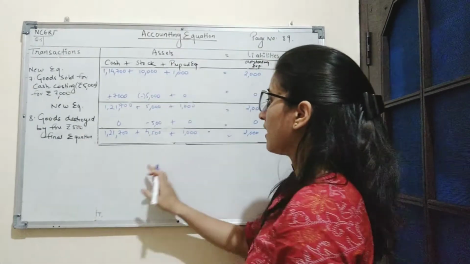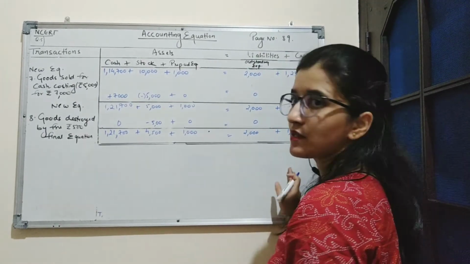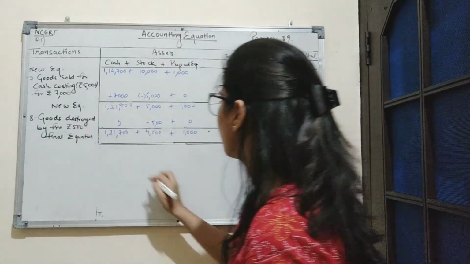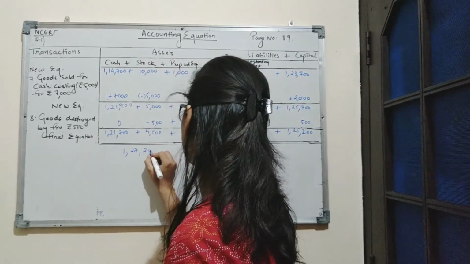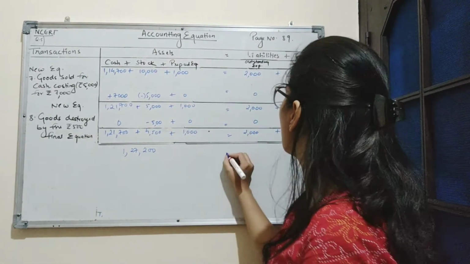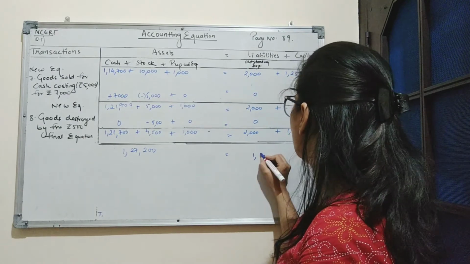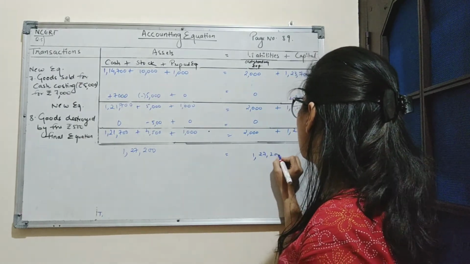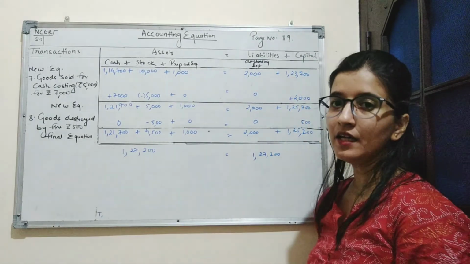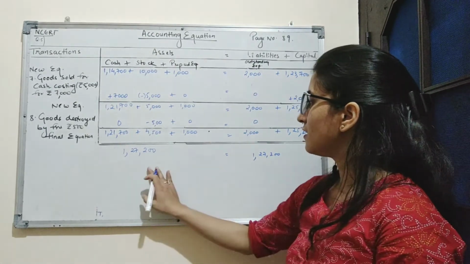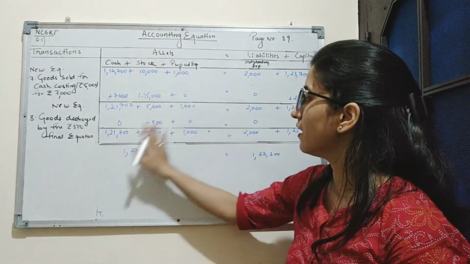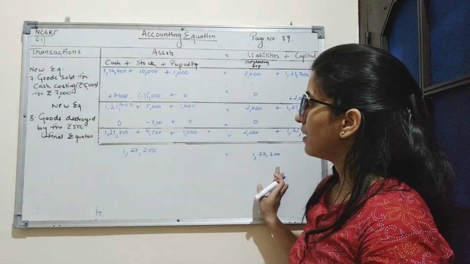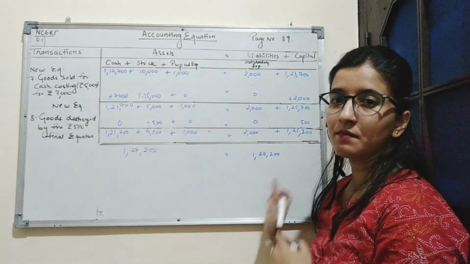So by adding the asset side and liabilities plus capital side, we get 1,27,200 of asset and 1,27,200 of liabilities and capital. So here asset is equal to the sum of liabilities and capital. So we can say the accounting equation has been balanced here.